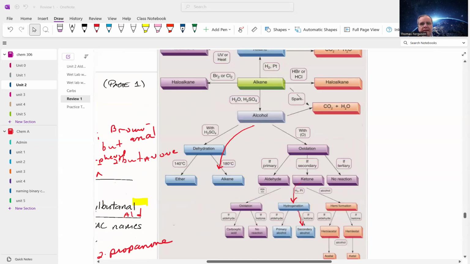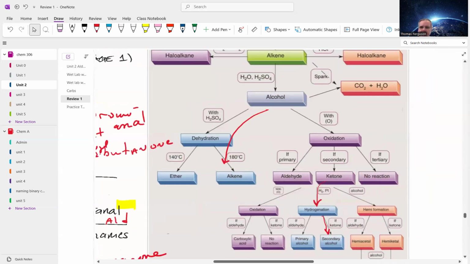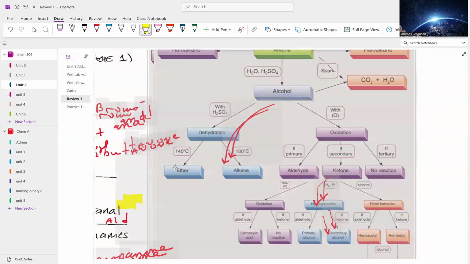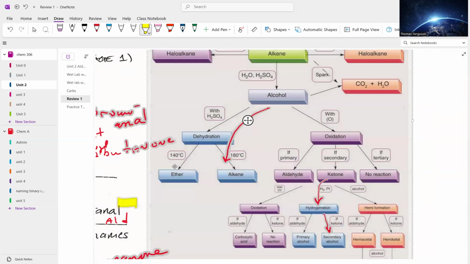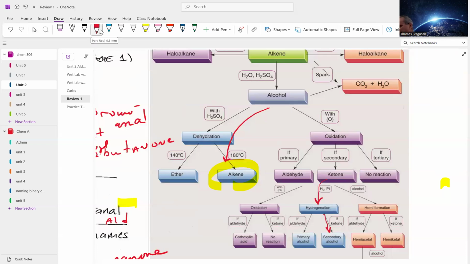Okay. So here we have the alkene. There's the alkene. And we take the alcohol at 180 degrees in an acid solution. We're going to end up with the alkene from the alcohol.